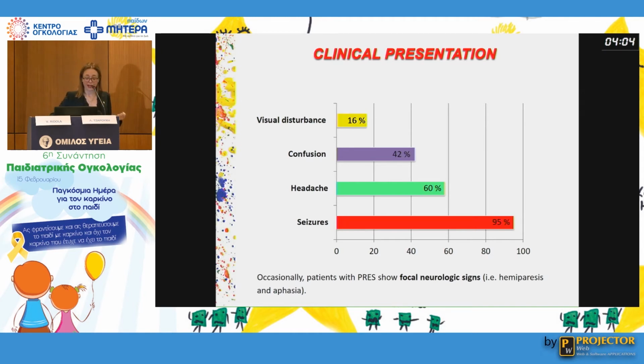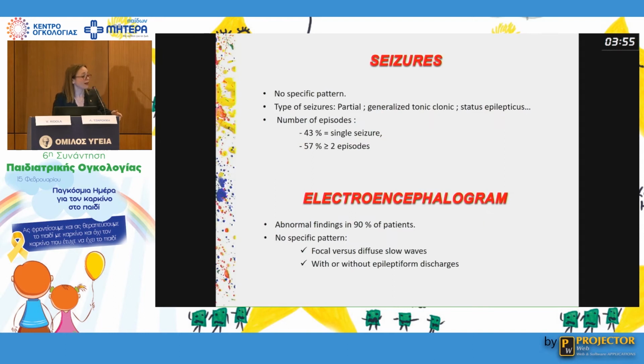But we have to keep in mind that occasionally patients with PRES can present with focal neurologic signs like hemiparesis and aphasia. Seizures: there is no specific pattern. These children can have partial or generalized tonic-clonic seizures, or status epilepticus. Some children have just one episode, others more than 2 episodes. There is no rule.